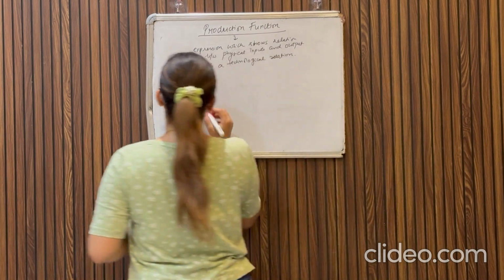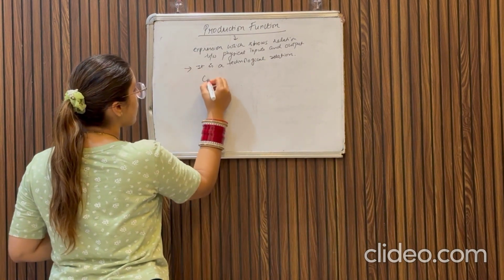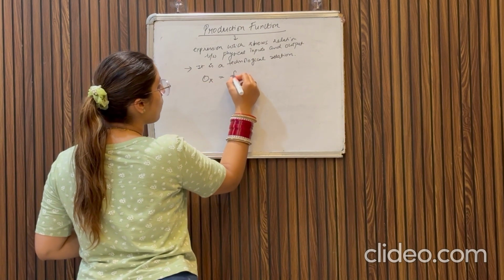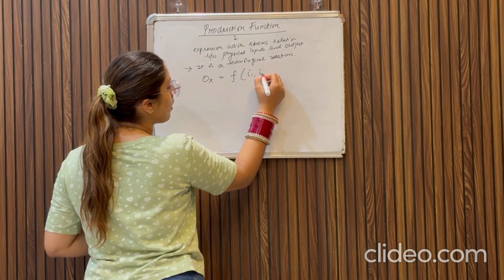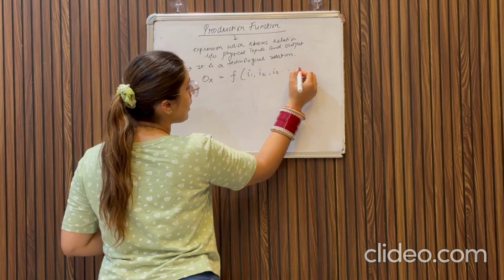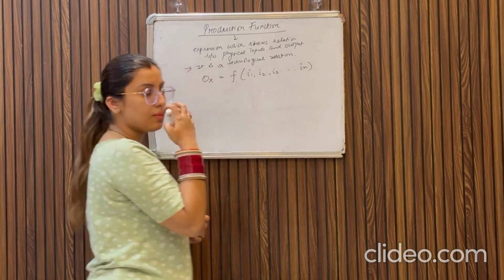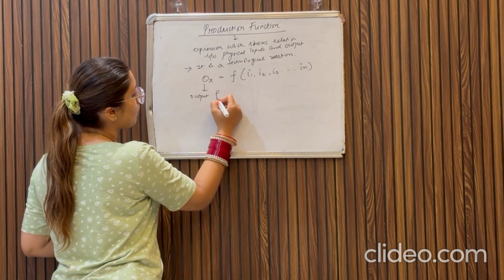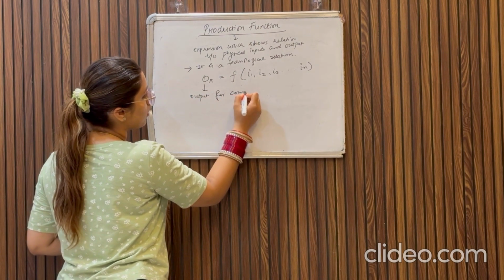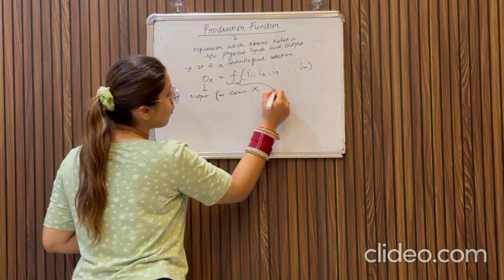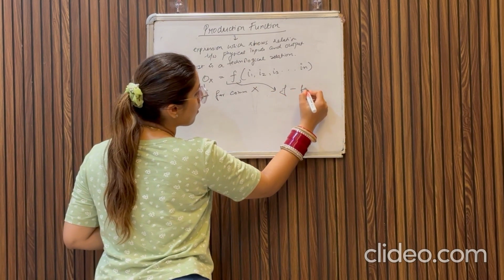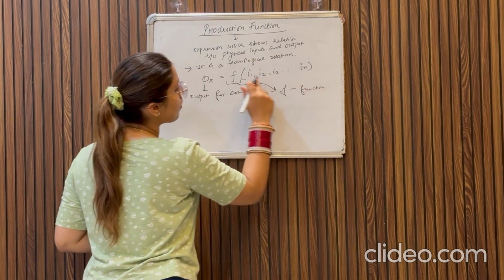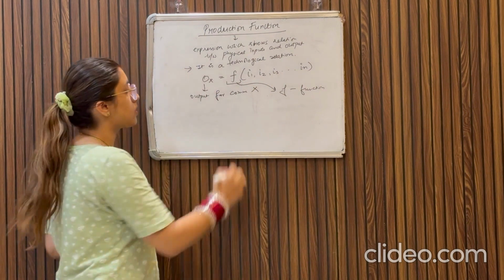So this expression can be written in the form of Ox equals function of I1, I2, I3 till In. What does this mean? This means that the output for commodity X is a function of, F is the function of, these n number of inputs.